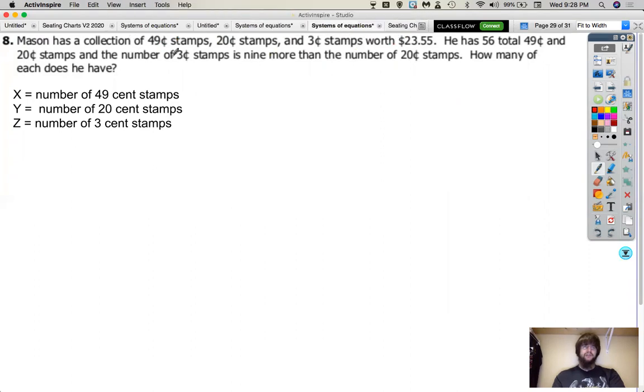Let's convert those. 0.49x plus 0.2y plus 0.03z equals 23.55.